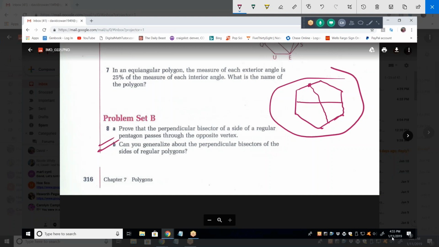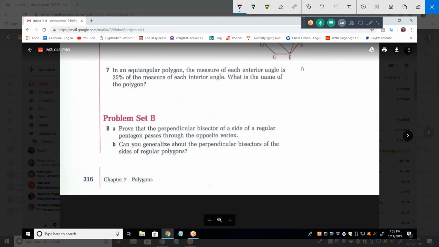So the generalization would be if n is odd, then the perpendicular bisectors go through the opposite vertex of the figure. That's what we're trying to prove or generalize about. All right.